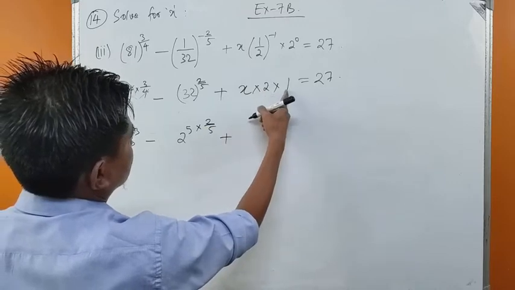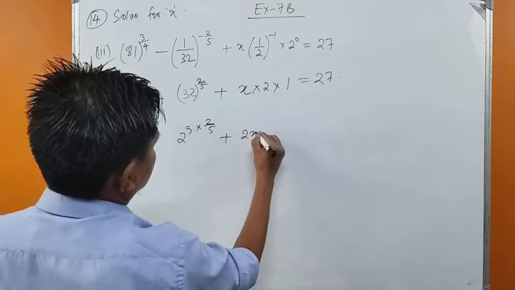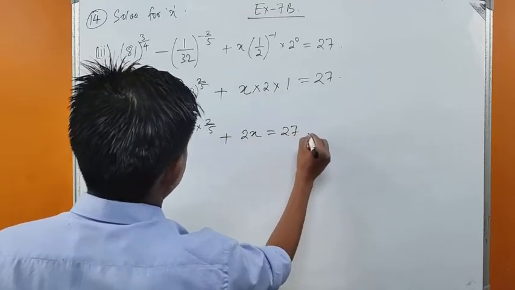Plus 2 1s are 2, 2 into x is 2x equals to 27.